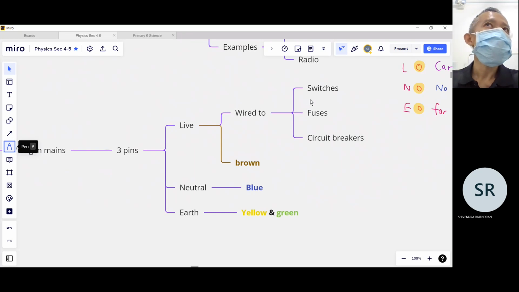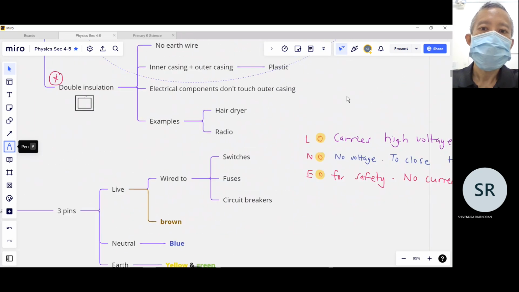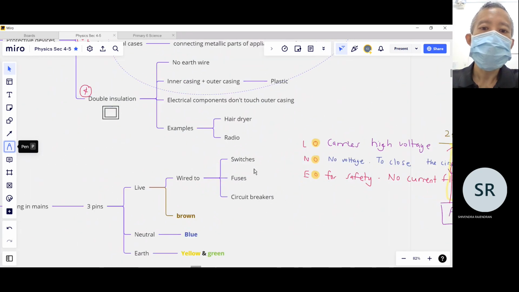Can you also jot down: it's not just the switch, but the fuse is also on the live. The circuit breaker is also on the live wire. Take note.